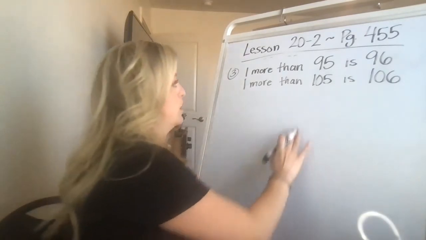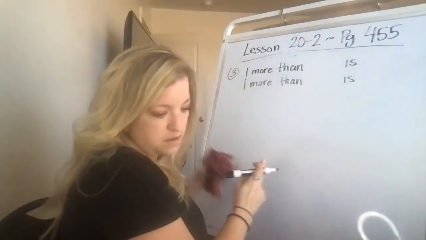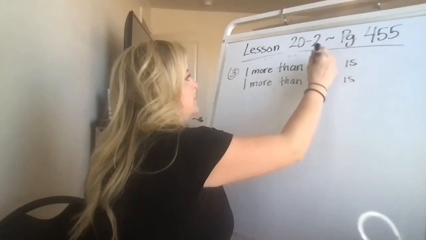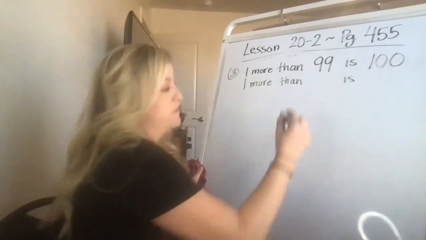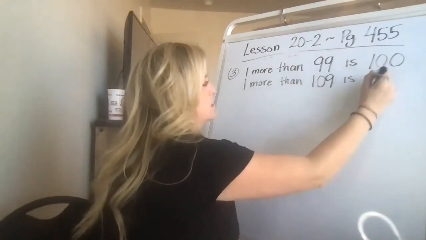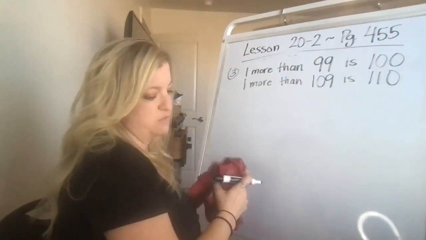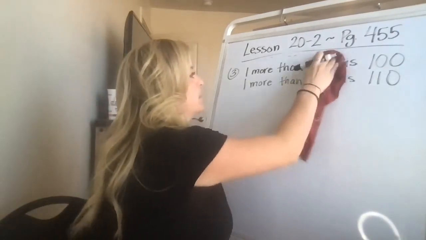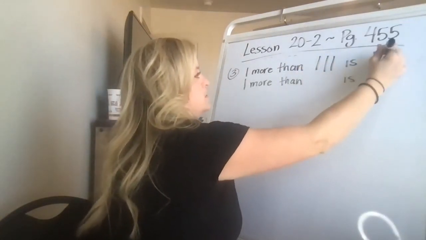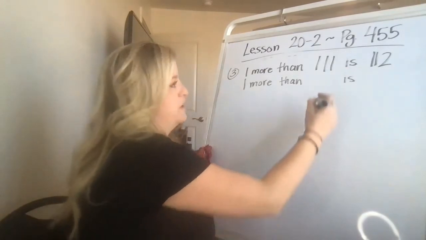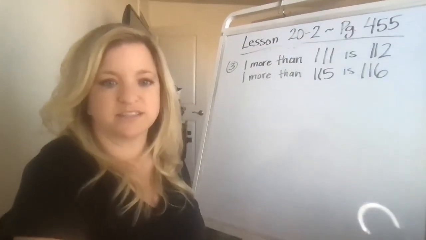Now let's jump down to the next row. 1 more than 99 is 100. 1 more than 109 is 110. Now the next line says 1 more than 111 is 112. 1 more than 115 is 116.